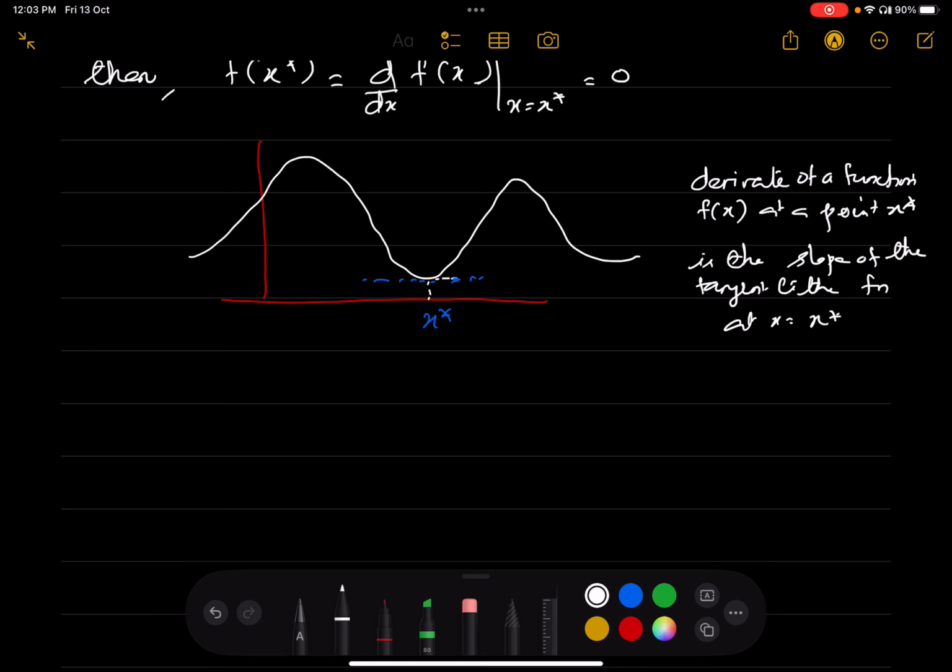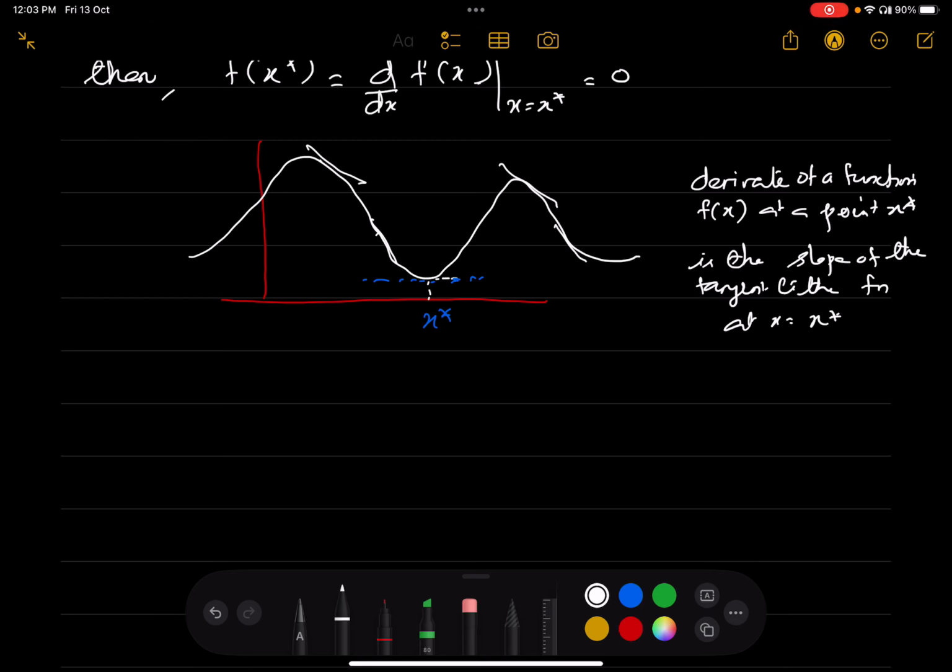I hope everybody knows what a tangent is. At this point, this is the tangent. At this point, this is the tangent. It's a tangent to a particular curve.